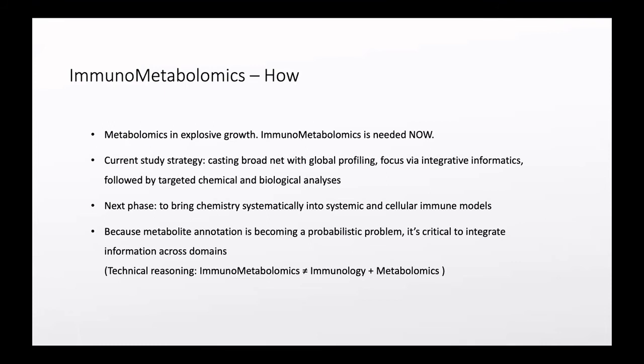For many metabolites, this is not possible. So I would see that in the long run, metabolite identification is becoming a probabilistic problem. It is critical to integrate information from other domains together with the data so that we can move forward with the field. This is also my reasoning that immunometabolomics is not simply to put metabolomics side by side with immunology. There has to be a deep integration, deep synergy to make the science work.